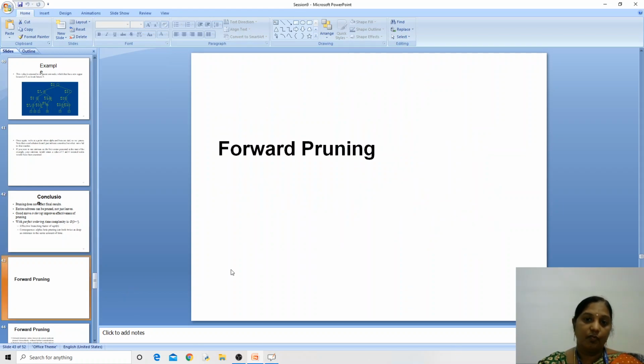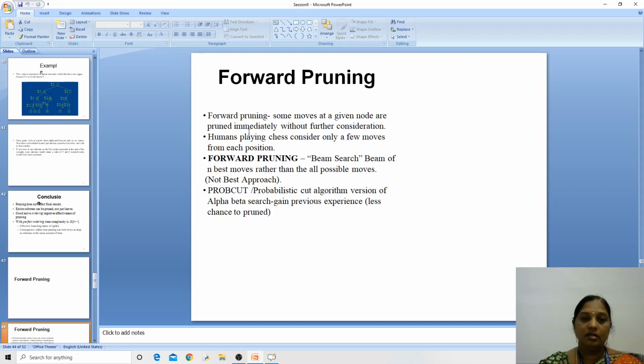Right. Next, forward pruning. What is forward pruning? Some moves at a given node are pruned immediately without further consideration. So we are not going for any further consideration. You just remove it immediately, whenever you find that the node is not necessary. That is called forward pruning.